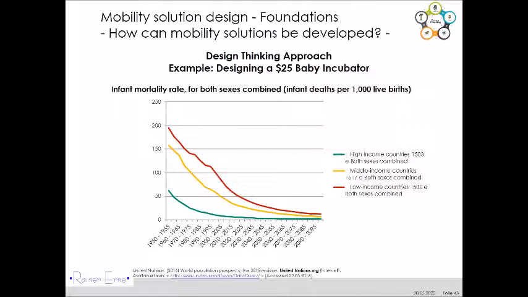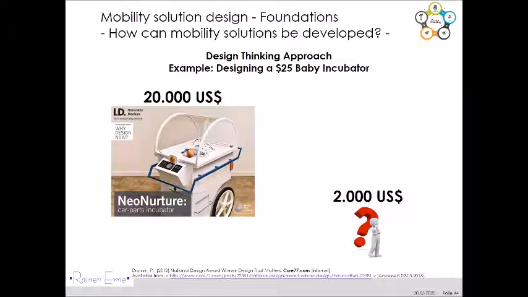And in high-income countries, what is done in order to prevent the death of premature babies is to put them in an incubator. An incubator usually has average costs of $20,000 US. It needs electricity and is quite sensitive towards environmental emissions like dust and so on.